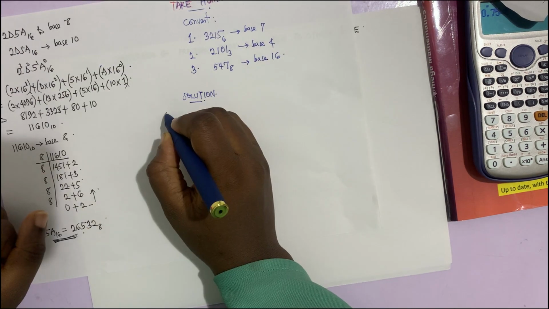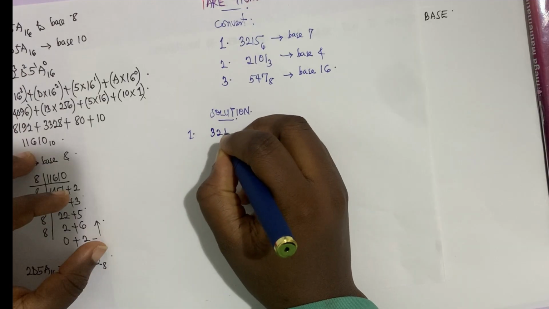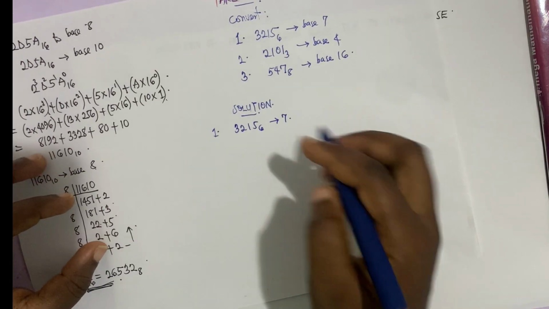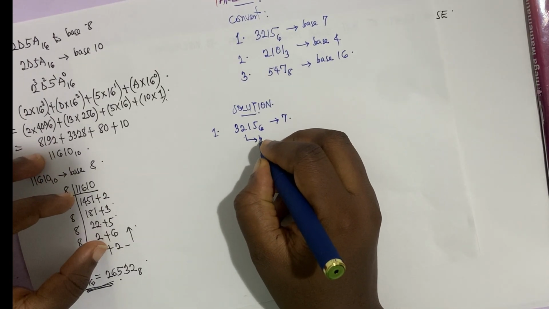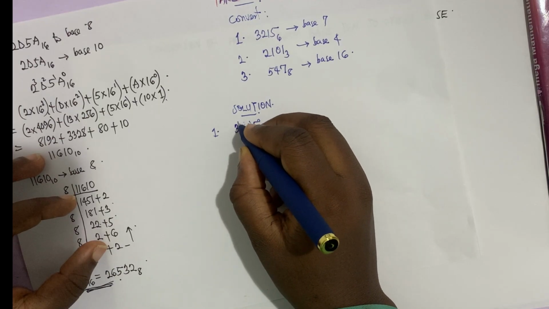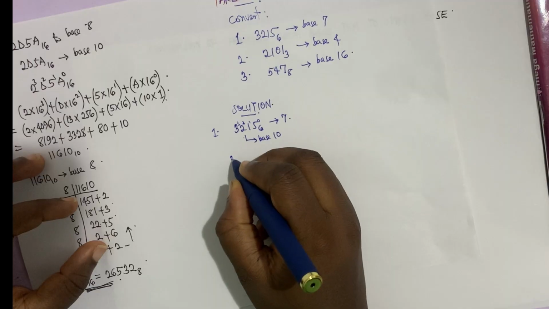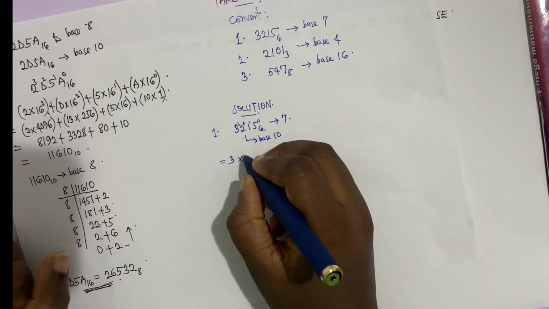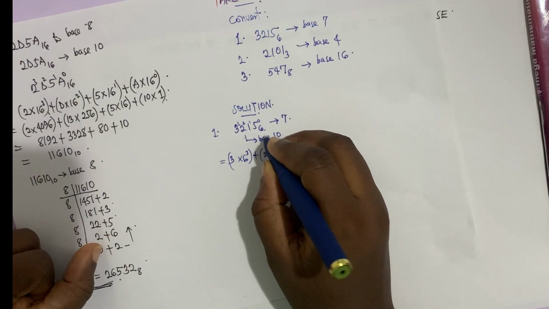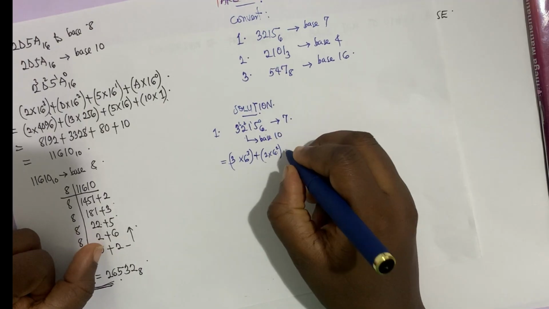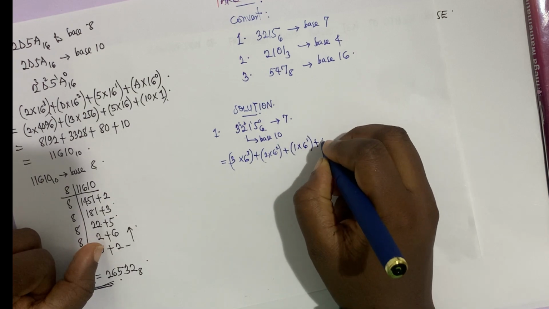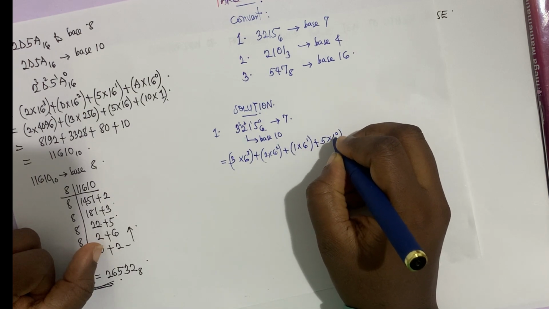Solution, question 1: 3215 base 6 to base 7. First, we convert to base 10. With indices 0, 1, 2, 3, it becomes 3 times the base 6 to the power of 3, plus 2 times 6 to the power of 2, plus 1 times 6 to the power of 1, plus 5 times 6 to the power of 0.